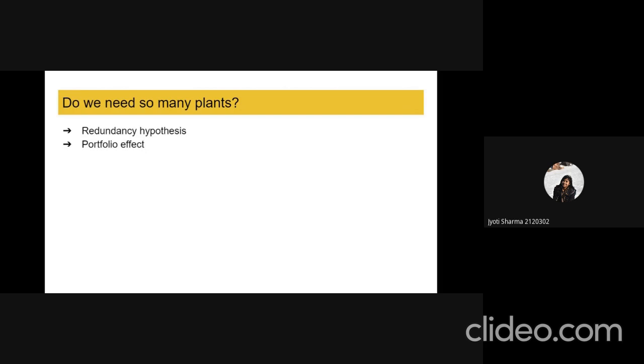If one type of investment gets a negative effect, the net effect may still be positive. Likewise, if we have different kinds of plants, then there will be stable conditions. So this is the portfolio effect.